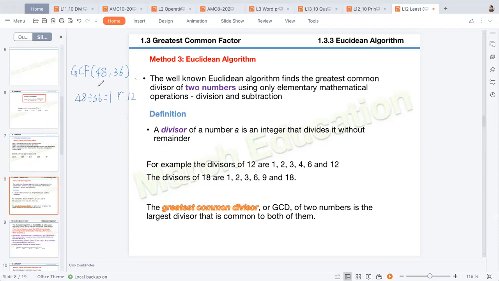So step 2, I divide the small one, 36, by the remainder, 12. So it equals 3, and the remainder is 0. So when you find the remainder is 0, this is the greatest common factor.